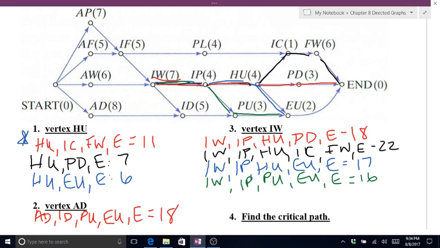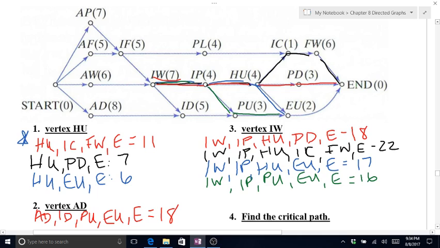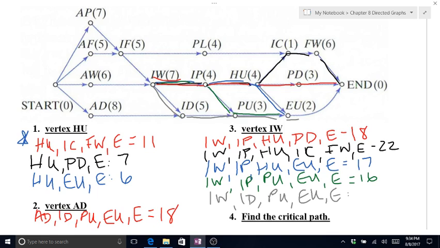I have one last option, IW to ID, ID to PU, PU to EU, EU to the end. So that's 2, 5, 10, 17. Okay, so this is going to be my critical path from IW.